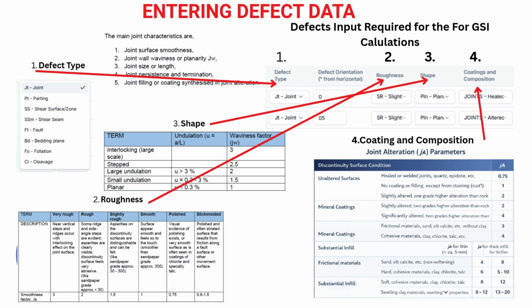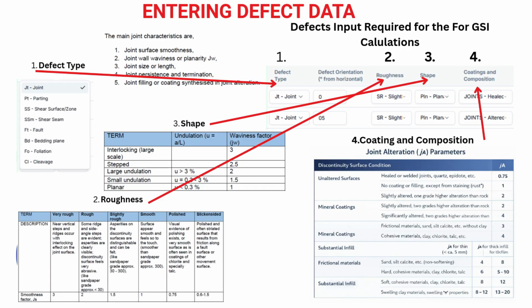Entering defect data. Columns 4 to 8 in this calculator are about defect conditions. Column 4 is about defect type, as shown in this slide at table 1. It consists of joint, parting, shear surface, shear seam, and fault. Column 5 is about defect orientation. Here the angle is measured from the horizontal. Column 6 is about the roughness of joints and is shown in figure 2.